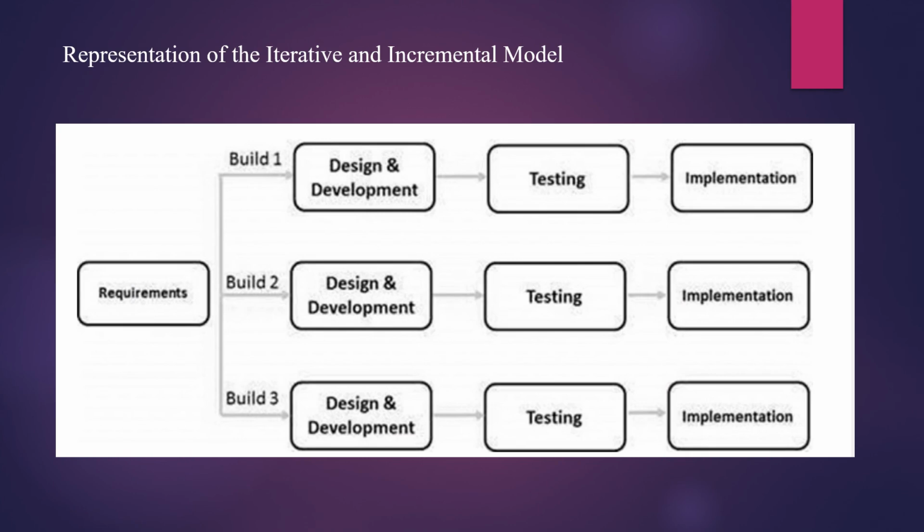Something like build one, build two means the iterations are going on: iteration one, iteration two. So these are builds, but in the form of iterations. Here, even the requirements gathering and analysis can be done in this phase.